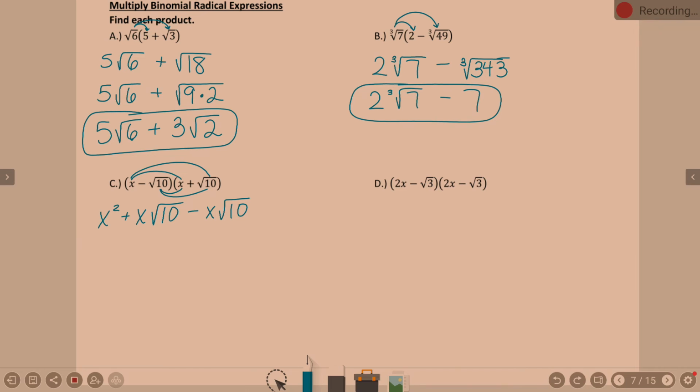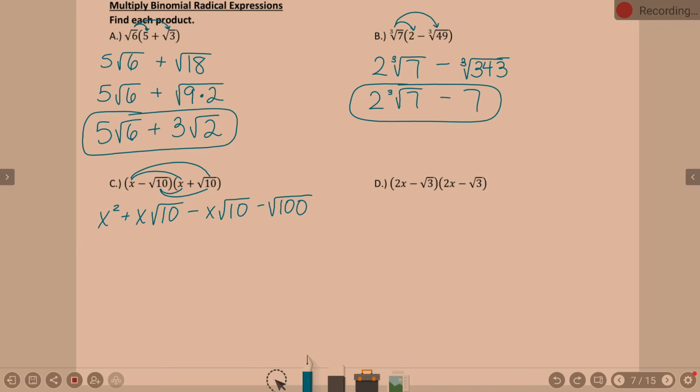Then negative square root of 10 times positive square root of 10 should be negative square root of 100. So distribute, FOIL, clean it up. With any FOIL type problem, you clean it up.